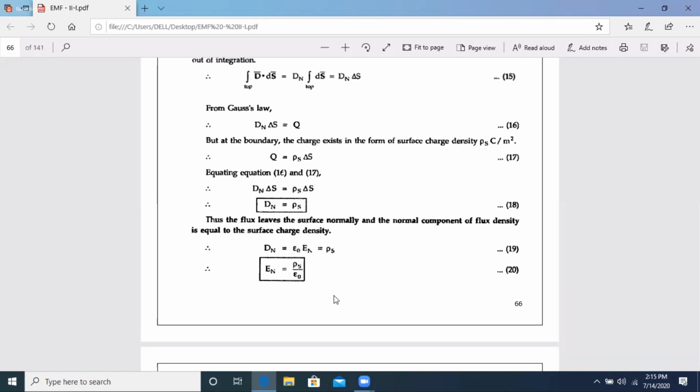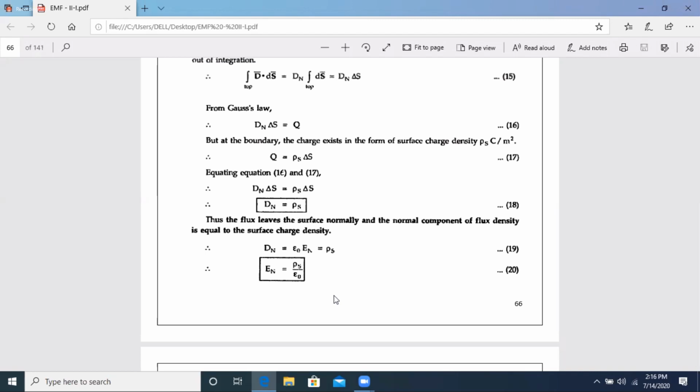What's E normal 2? 36 epsilon naught AZ divided by 4 epsilon naught.